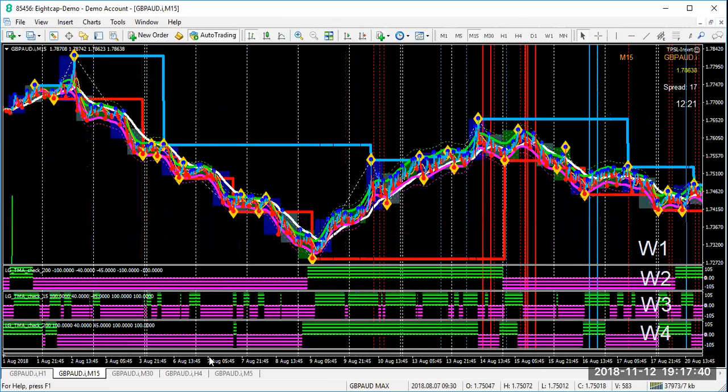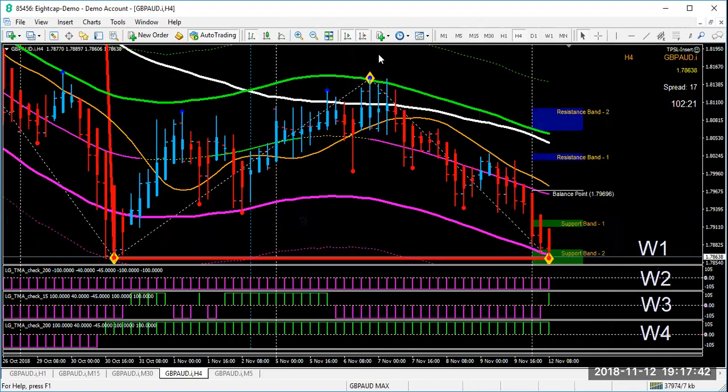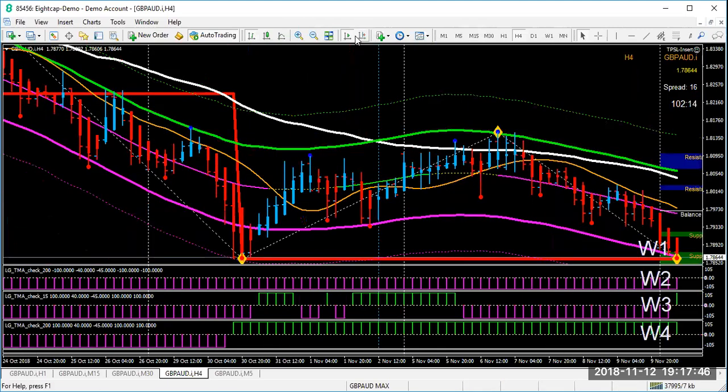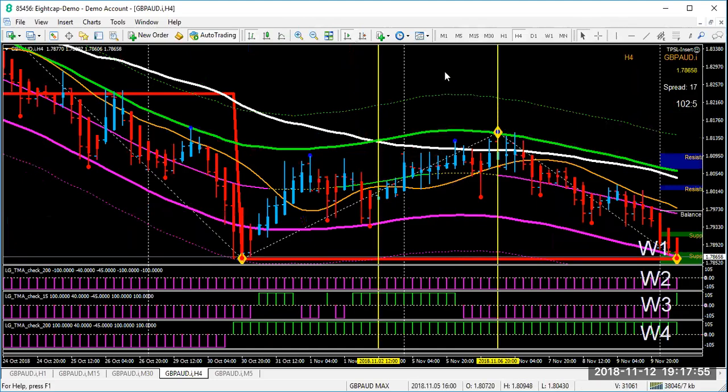Okay, but if I go to 4 hour and go back to the time when price is going up, you'll see a lot more blue lines. Okay, 30 minutes.